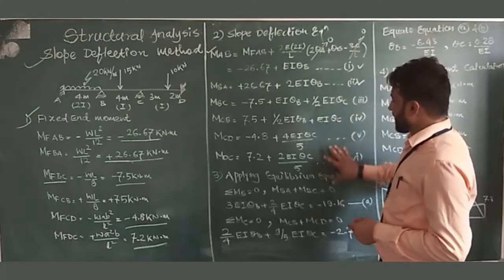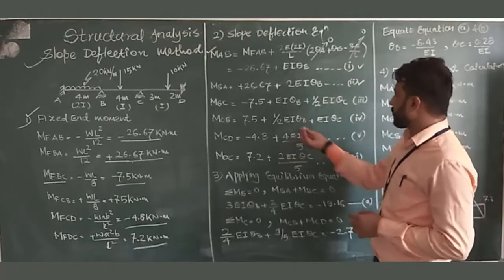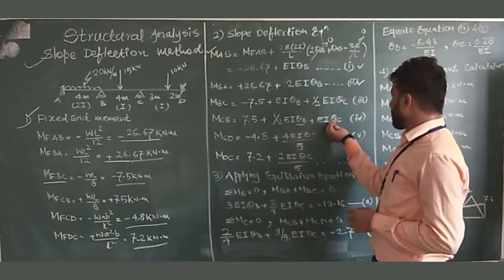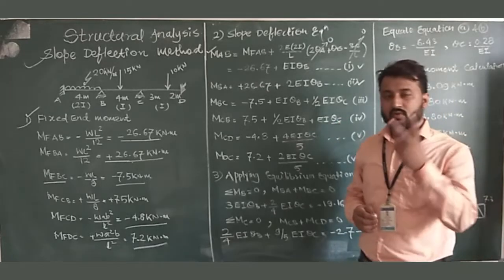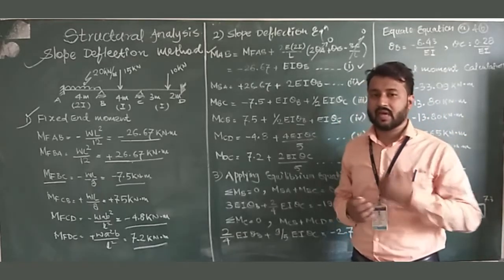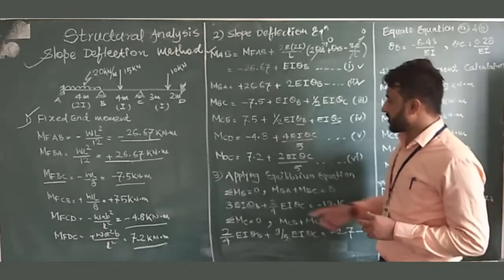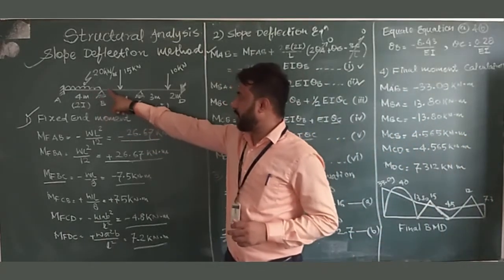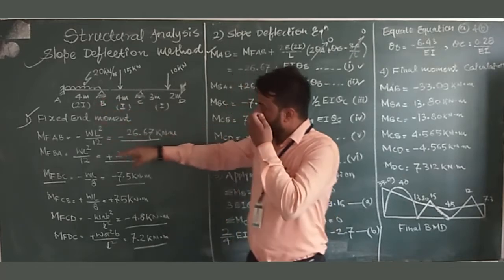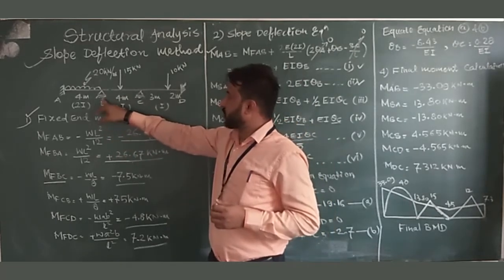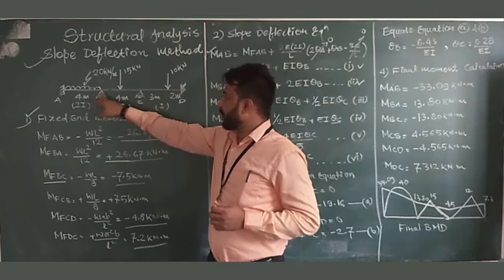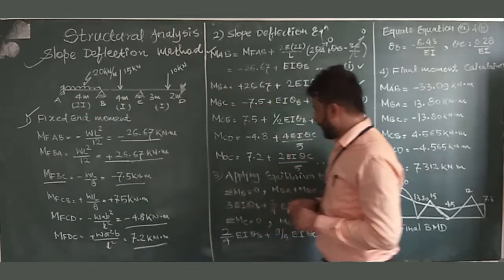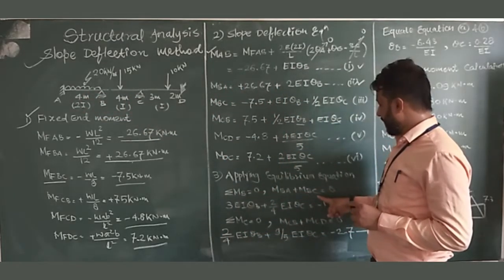After calculating these equations, we will move to the third step, that is the application of the equilibrium equation. In all these 6 equations we can see that the unknowns are theta B and theta C. There are only 2 unknowns, so we will apply only 2 equations. The first equation we will apply on joint B. So the moment at joint B is equal to 0. There are 2 members at joint B, BA and BC. So moment BA plus moment BC is equal to 0.